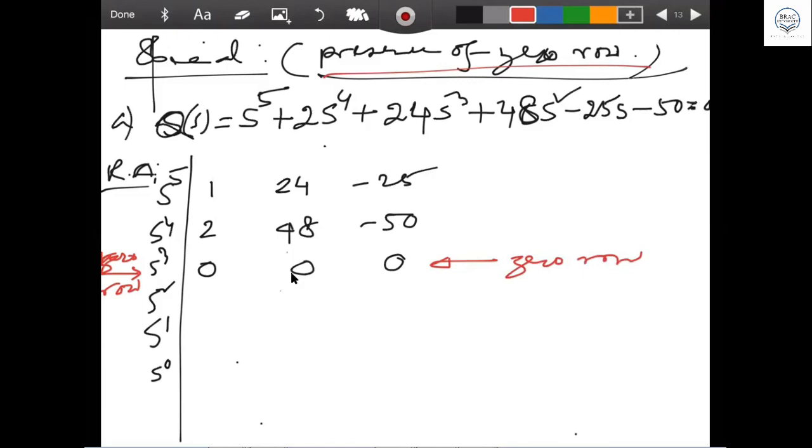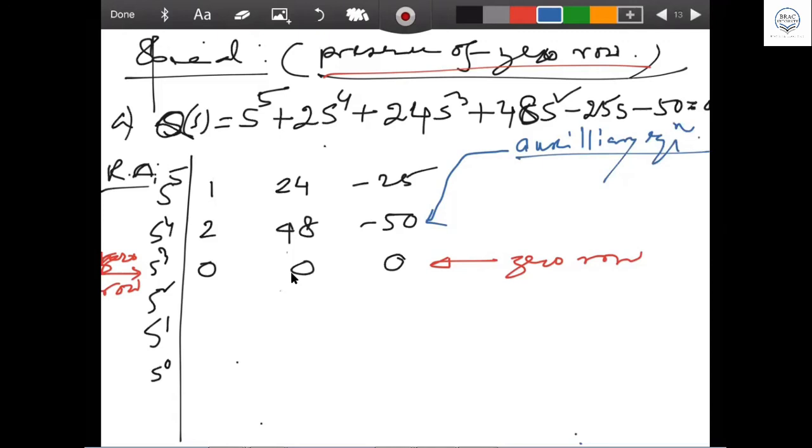If this is the scenario, then to find the solution we have to take the auxiliary equation. The auxiliary equation should be taken from the row above. What is the auxiliary equation?